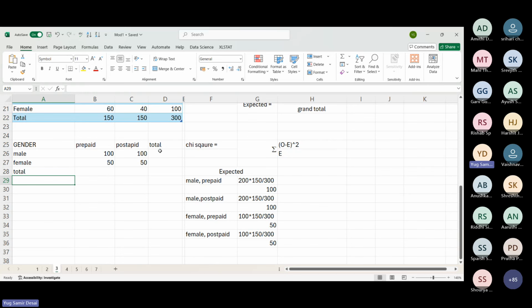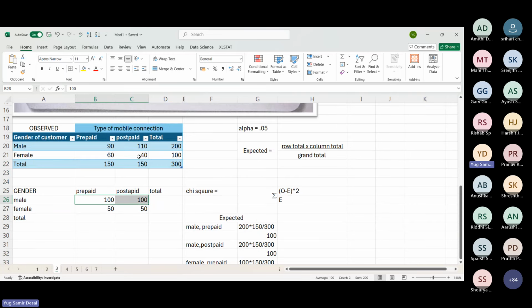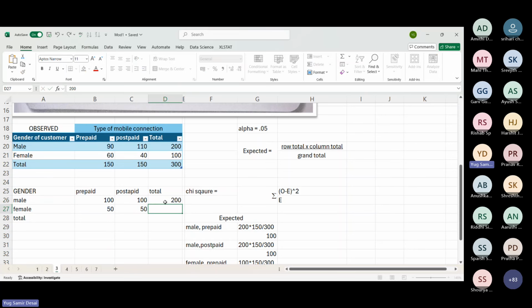So again, we calculate the sum of all the same criteria for what we did in the first case, the case where we had the observed gender values and type of mobile connection values. The values we get are exactly the same.